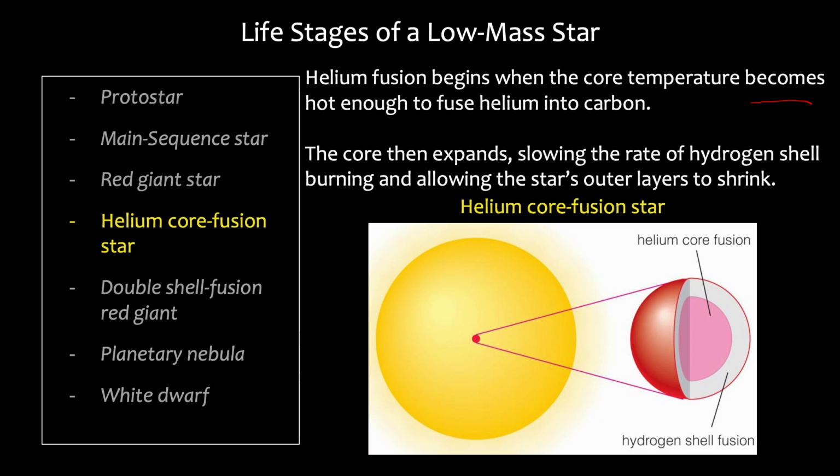At this stage, just before the helium fusion, just before 100 million Kelvin, helium in the core is inert, meaning it is not doing anything. It is holding up because of the degeneracy pressure of the electrons.